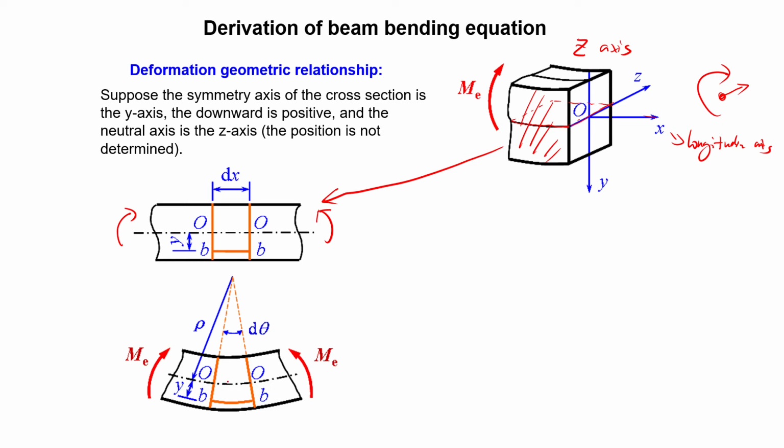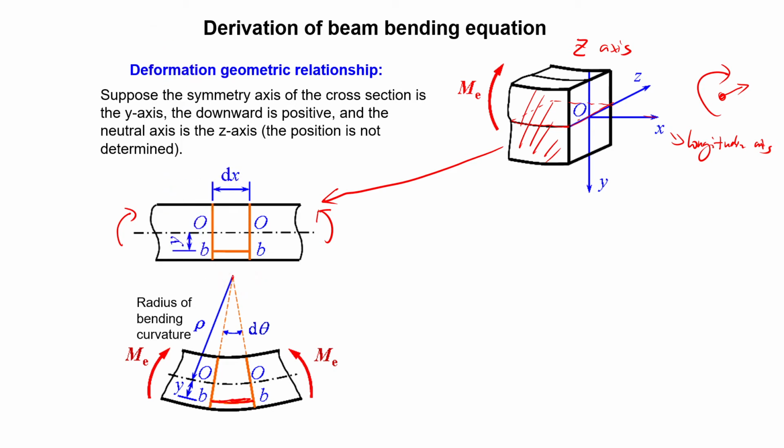Now we look at geometric relationships. There's an arbitrary place in this beam, let's say this arc length BB, and at the moment the distance from BB to the neutral axis is y. After this bending moment, it becomes a curvature, and there must be a center of the curvature, assumed here.